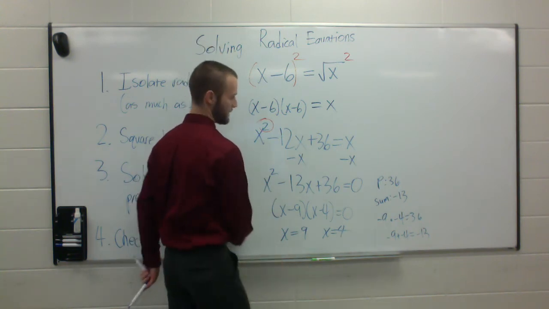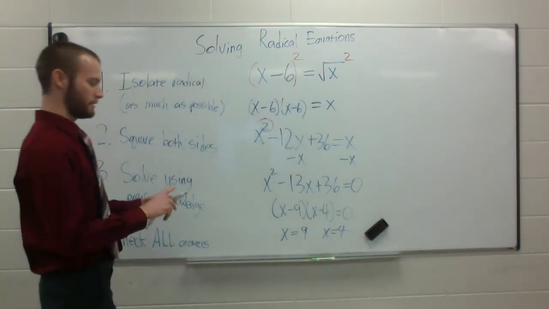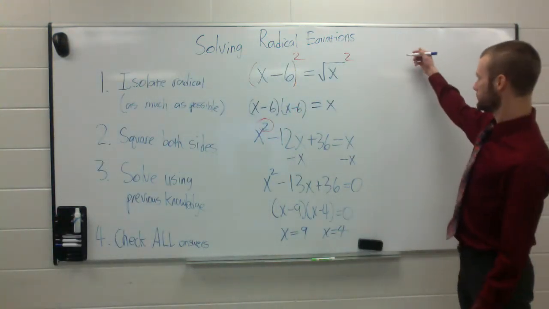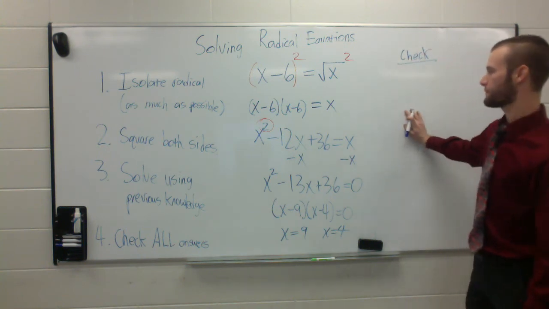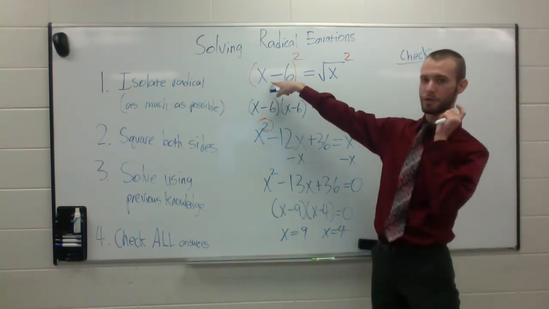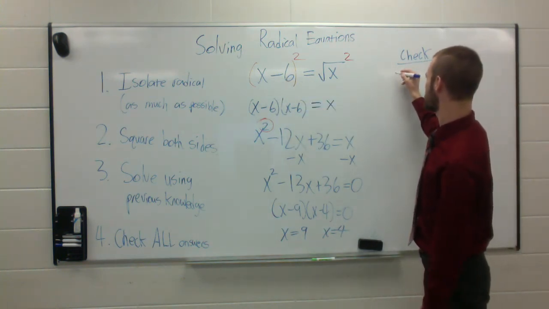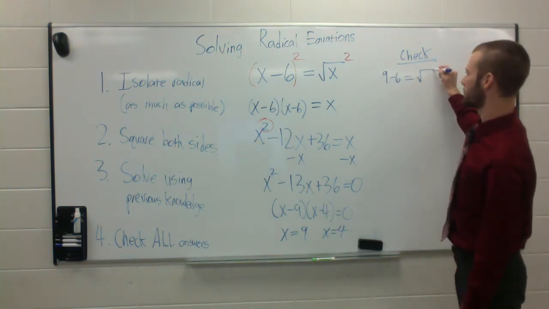But I'm not done. I have to check. So I have two possible solutions here. Something weird is going to happen when I check, I promise. So we have to check using our original equation. The first one we have is 9 minus 6 equals square root of 9.